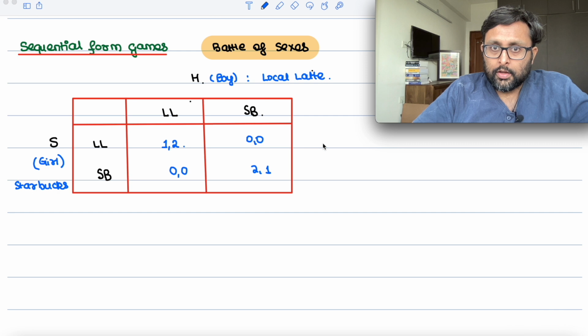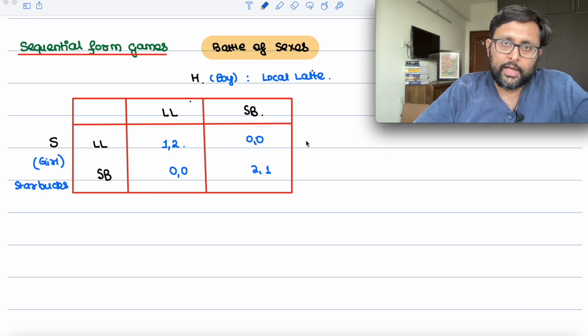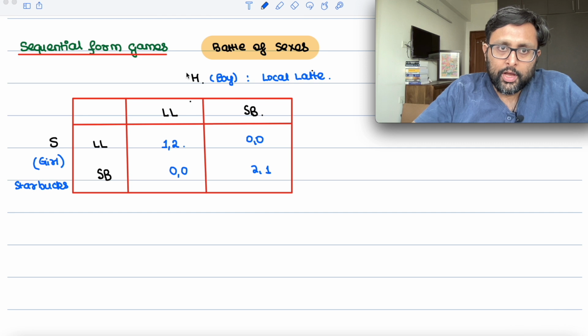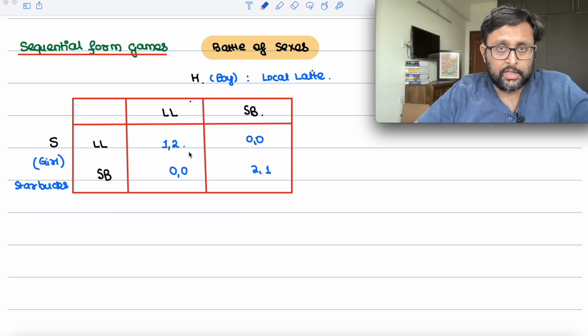If they go separately, that is, girl goes to her place of choice and boy goes to his place of choice, they will not be getting any utility at all. For example, if boy goes to local latte and she goes to Starbucks, both of them are going to get zero. So they want to go together. That's an issue, right? Okay.